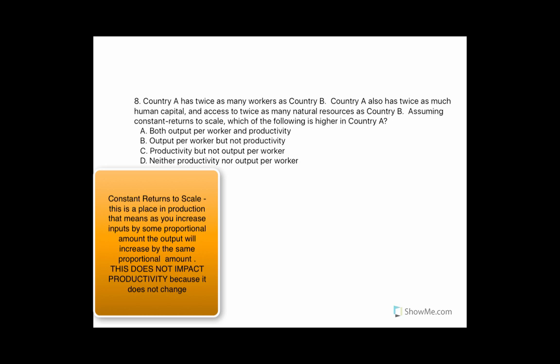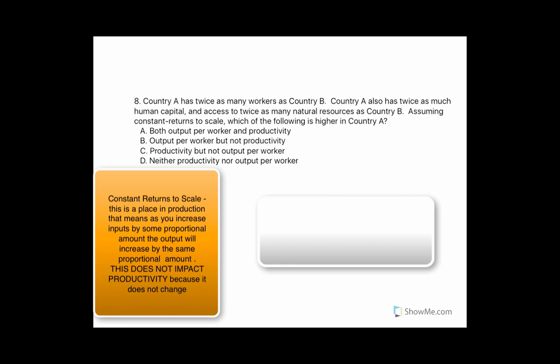Okay, so remember that constant returns to scale says that if I scale up my inputs by twice, then I'm going to get twice as many outputs, right? So the amount of output per unit of labor in this case, it's just Y over L, is the same thing as 2Y over 2L, right? So our productivity, or our output per worker, hasn't changed at all.